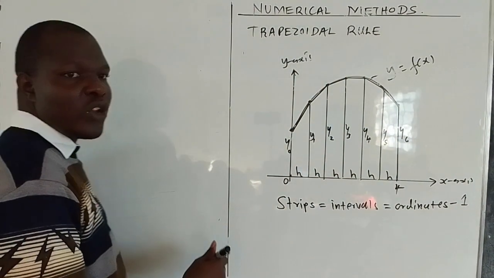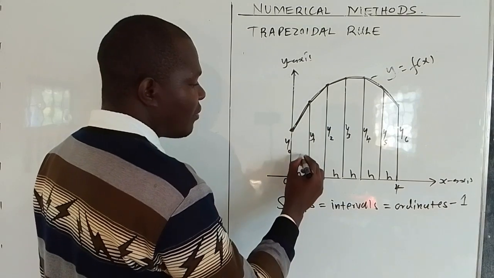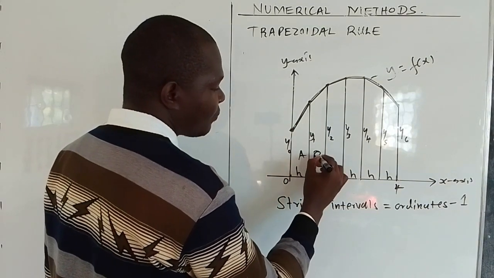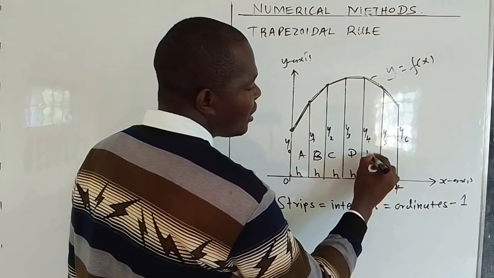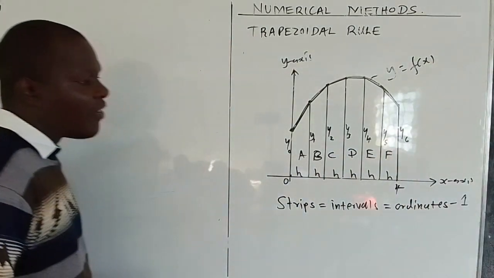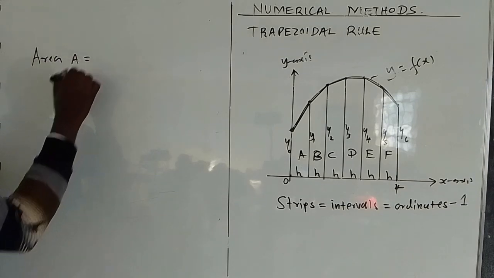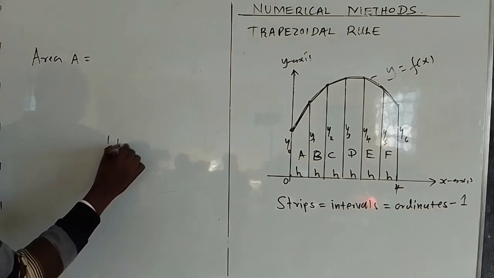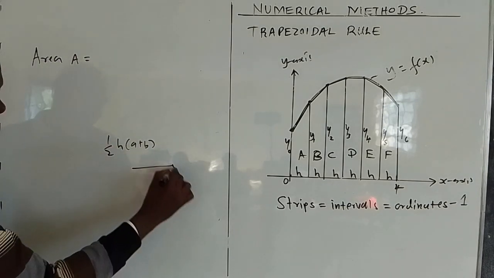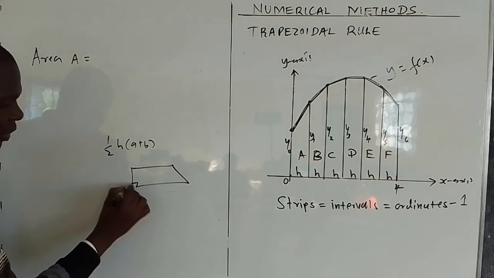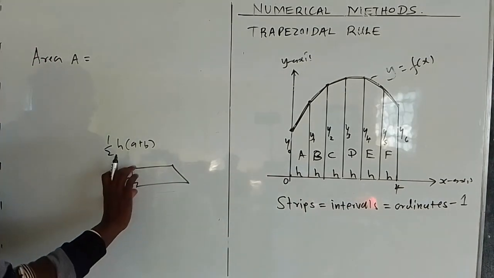So if you denote the strips by A, B, C, D: this is strip A, strip B, strip C, strip D, strip E, strip F. Then what is the area of strip A? See, the area of a trapezium is always given by half h (a plus b). Where, in our case, you can see this is our h, isn't it?